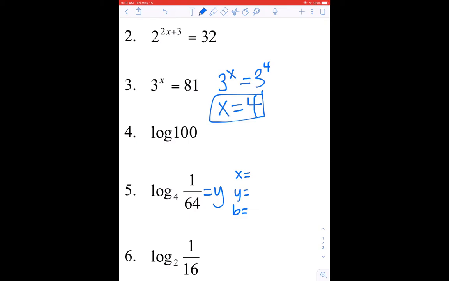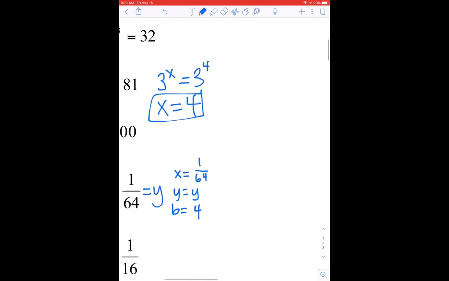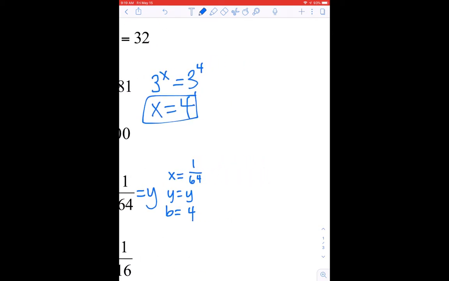Okay, so using this equation, we can say that x equals 1 over 64, y equals y, and b equals 4. So now we need to write this in the other form. Since it was in the log form, we're going to write it in the other form, b to the y equals x, so b is 4. 4 to the y power equals x, which is 1 over 64.